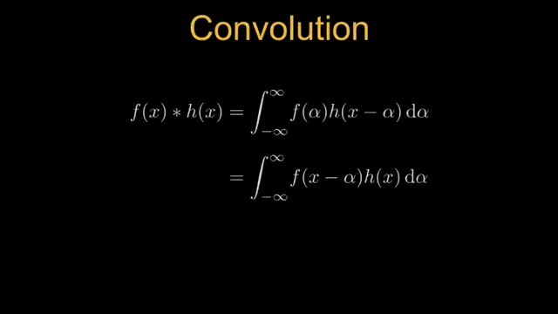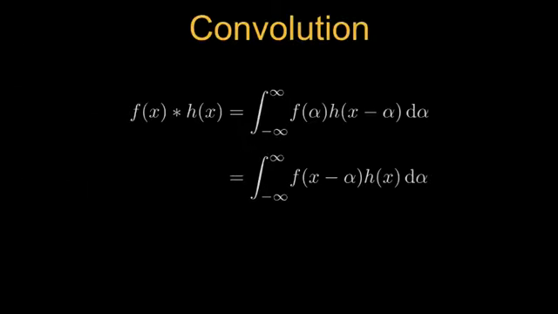Another important mathematical concept to introduce is convolution. Convolution is an operation that involves two functions. In this case, we have f of x and h of x. And this asterisk you see right here is actually the mathematical sign for convolution. In some different texts, you'll have different notation, but generally, it's the asterisk.